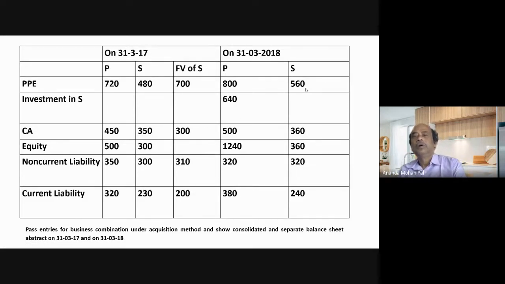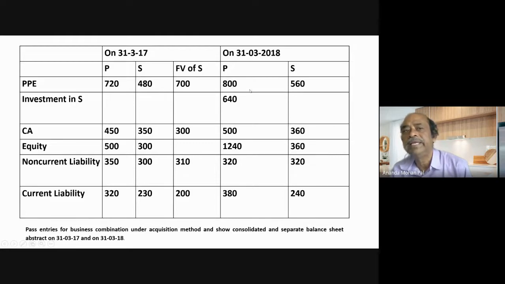So at the time of consolidation, you take not 560, the book value. You take 560 plus 220 because revaluation profit you add. In that way, 560 plus 220, that is 780, and 800.